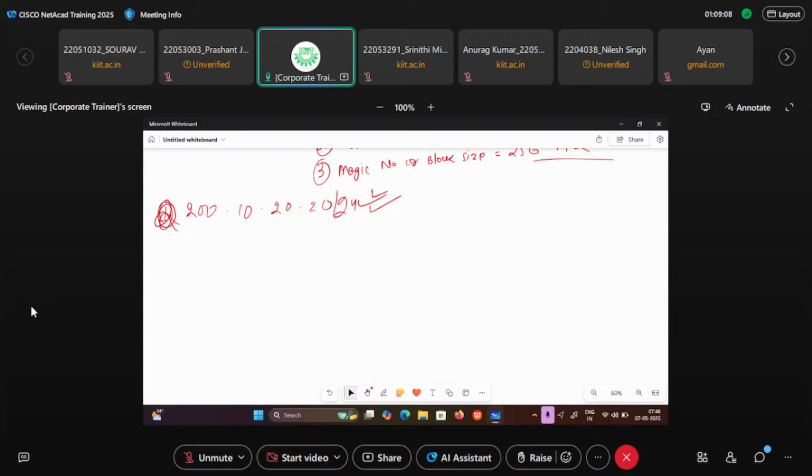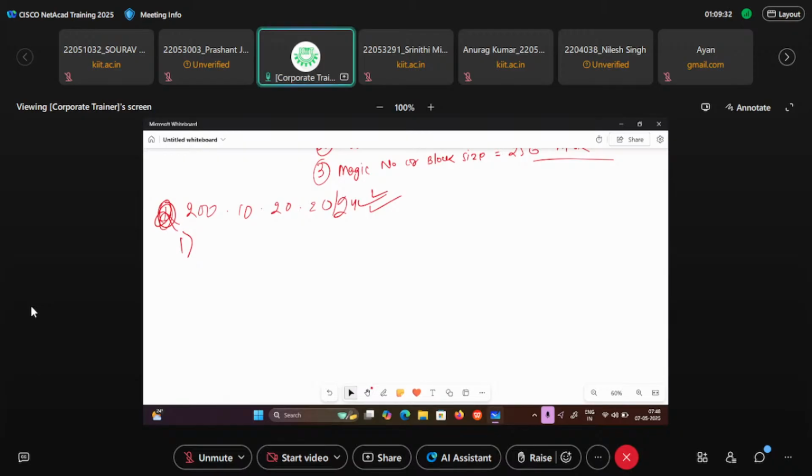First of all, I have to calculate the network address. The first step is to calculate this network address. So what will be the network ID from the given IP?